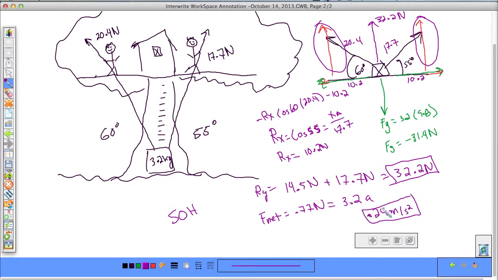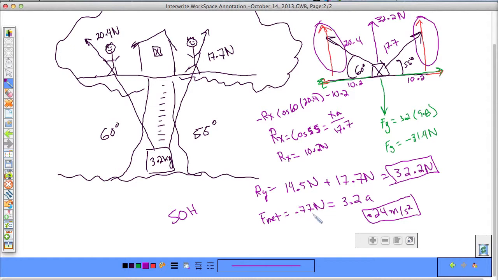And so you could actually use that to find out, if you knew the distance right here, how long it would take them to pull it up if they kept that at a constant acceleration. But anyways, all you know is that right off the ground they have an acceleration of 0.24 meters per second squared, and they have enough to counteract the force of gravity, so they can lift their Doritos up, and they are rocking and rolling here.